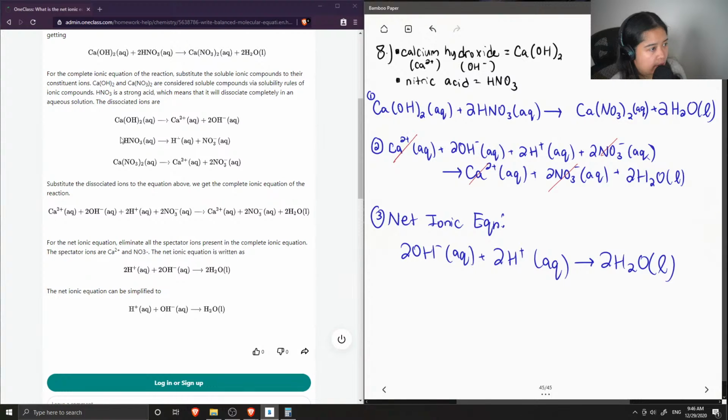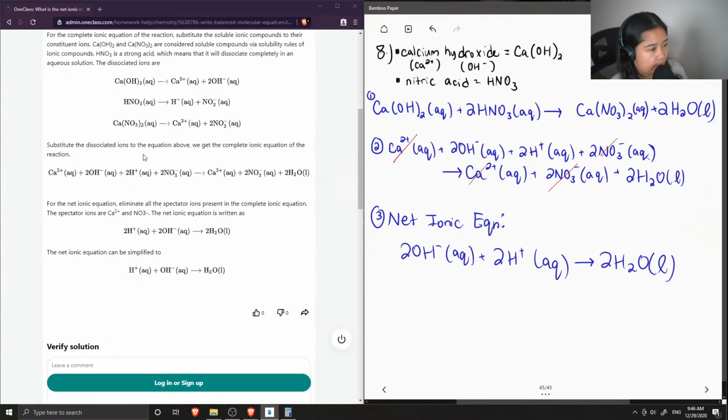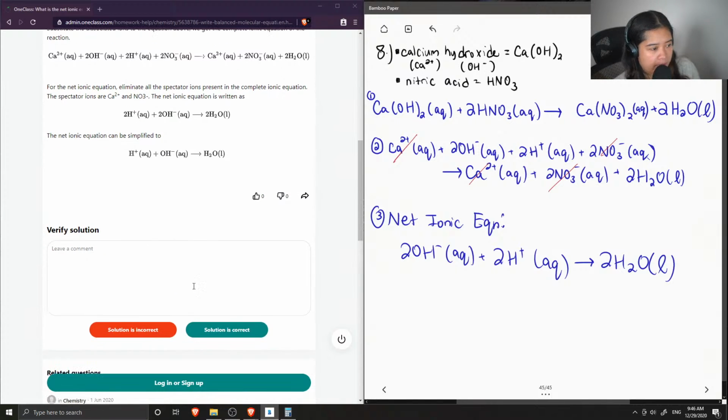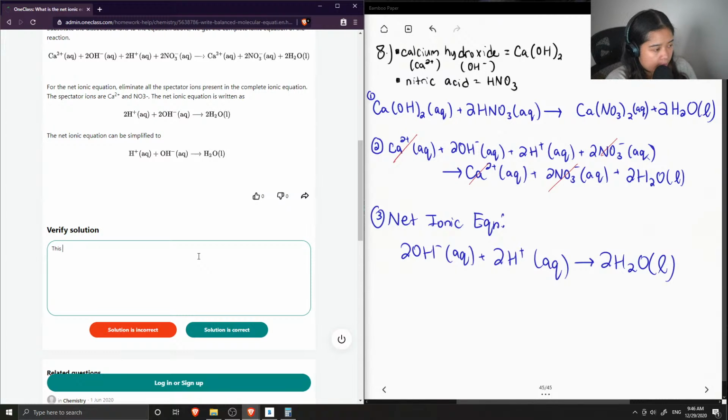And then they showed the complete ionic equation, showing how the acids will completely dissociate, except for the water. And then once they canceled out all the spectator ions, they simplified it further to get proton plus hydroxide makes water. Okay, so this solution is correct.